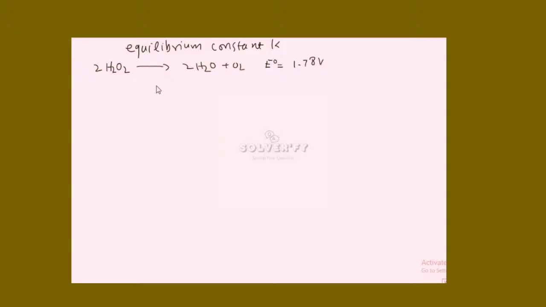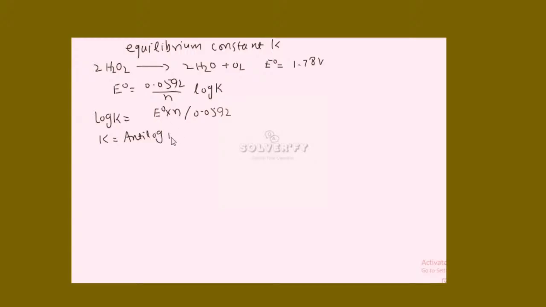To calculate the K, we have the equation that E naught is equal to 0.0592 over n log of K. So log of K is equal to E naught multiplied by n divided by 0.0592, or K is equal to the anti-log of E naught.